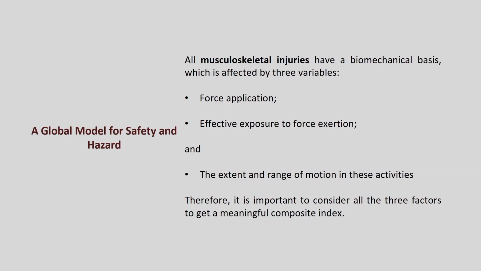So, we have something called the global model for safety and hazard. Okay. Why do we do all this biomechanical analysis at the workplace? We do all these things to create a safe environment, right. So, we have something called the global safety model, which tries to take care of musculoskeletal injury, all varieties of musculoskeletal injuries which have a biomechanical basis, which is affected by three major variables.